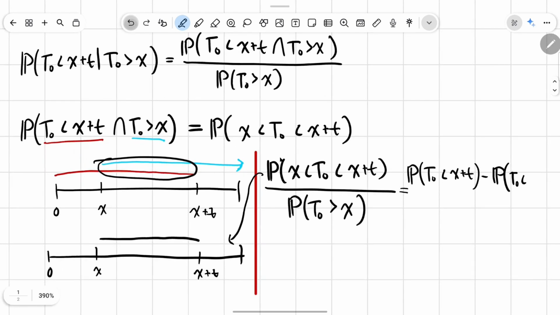Okay, let me just fix this. All over the probability of T0 is greater than x.